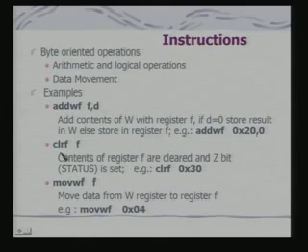This is an instruction for clearing the content. So contents of register F are cleared, and Z bit, which is also part of the status register, is set. And here also you will be specifying exactly a location. Similarly, this is an example of a data move instruction.